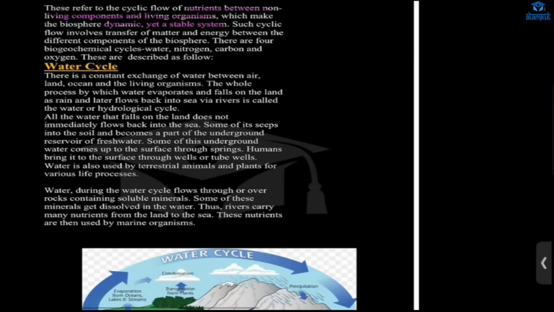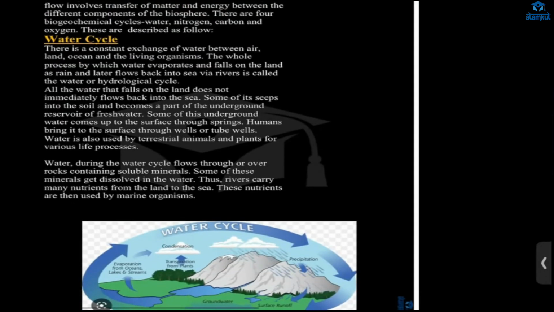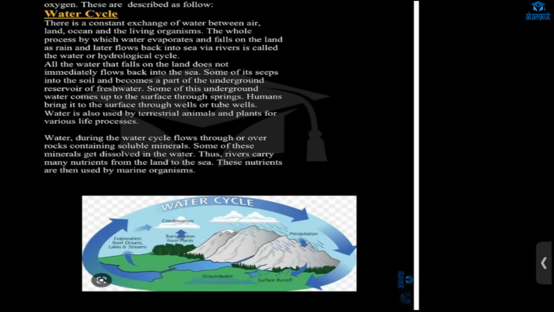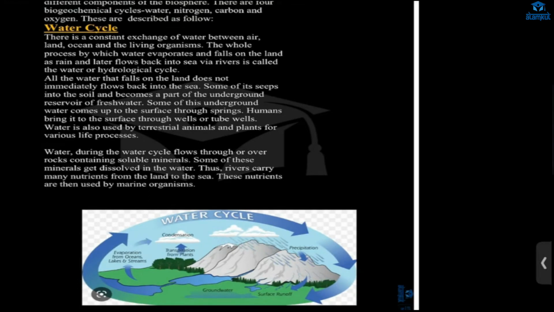First one is the water cycle. What is the water cycle? Ma'am, the water cycle is the evaporation and then condensation of water. Water gets evaporated from water bodies and then condenses in the clouds. Then finally, when the clouds are filled up, it comes down in the form of water. Correct.